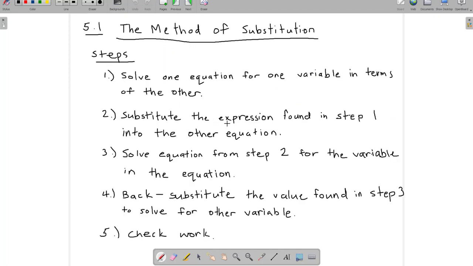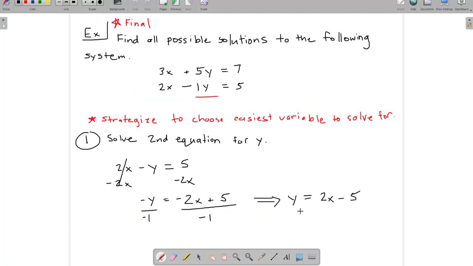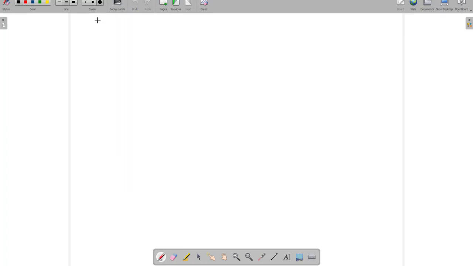We're going to substitute the expression found in step 1 into the other equation. So we're going to take this and put it in the first equation, the one that we haven't touched yet. So step 2, take y equals 2x minus 5, what we just solved for. Make sure I did that correctly, yeah.